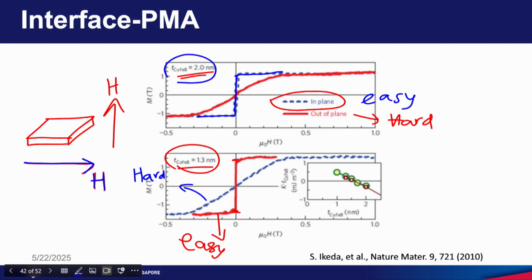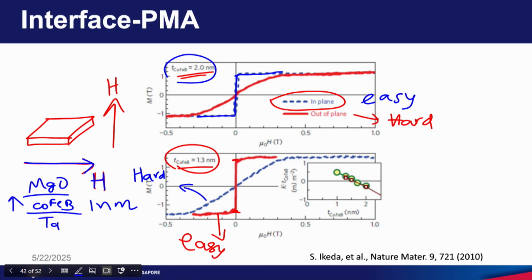So that means if you make tantalum, cobalt and boron, magnesium oxide, and if the cobalt boron layer is very thin, for example around 1 nanometer, then the magnetization of this layer is going to be perpendicular.